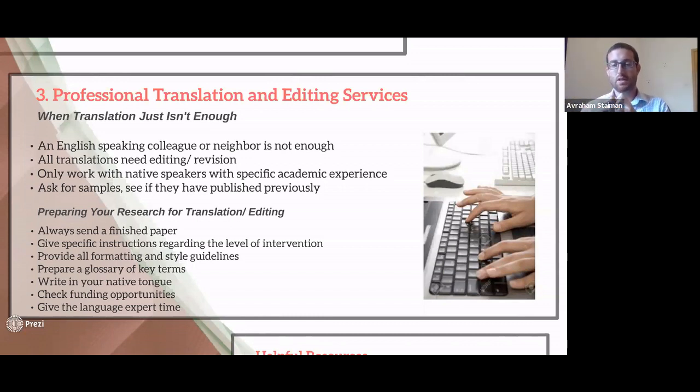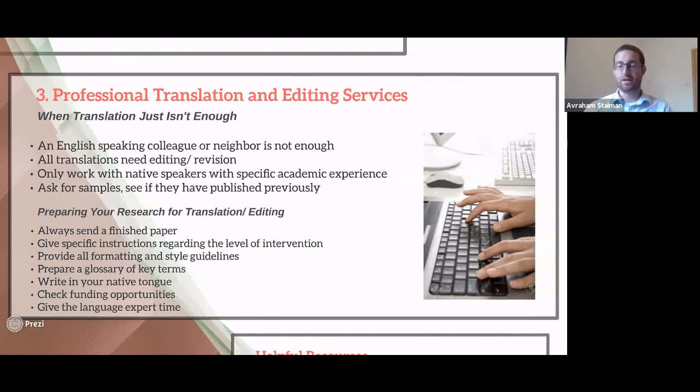So it's important that if we have a specific preference, we want them to be a little bit less literal, a little bit more literal. We want them to use creative license and rewrite it. Or on the other hand, we really want them to stick to what we're originally writing. And that can depend on the field as well. We need to express these things and communicate them to our language expert before we begin work.